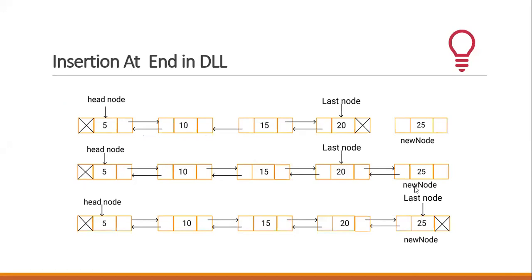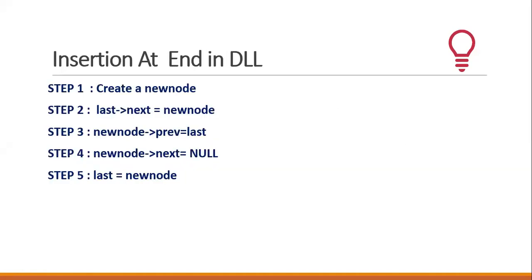So the change in our linked list is that now 25 is acting as our last node, and previously 20 was acting as our last node. Whatever new node we have created, the next of it is null, and that's why it signifies that it is the last node, because it is terminating there. And its previous is connected to the previous last node.